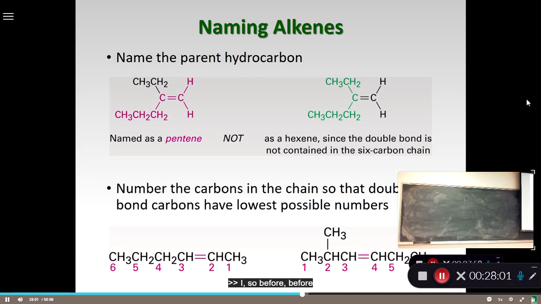Alright, before jumping into naming alkenes, I want you to do me a small thing. I'm going to draw an alkane. See if you could name it. By now, naming alkanes should be very easy. Name this alkane correctly and I will give you a bonus point. If you are watching the video, you can draw it, pause the video, and try to do this by yourself.